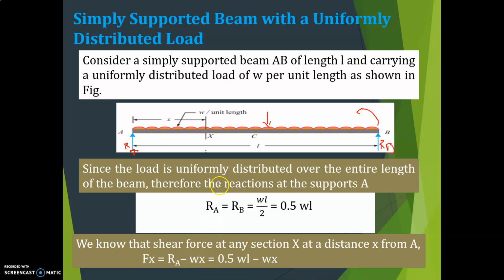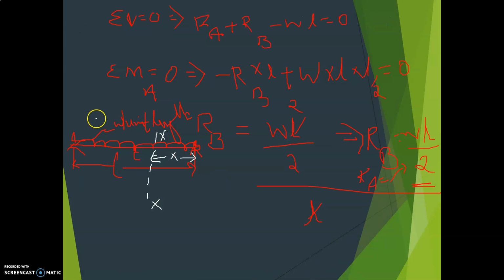Any side you can consider. If you consider the section here, what is the shear force at x? That is RA minus Wx. This is the section, and this is x.